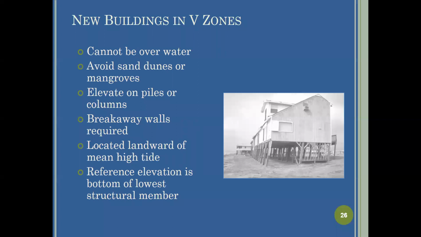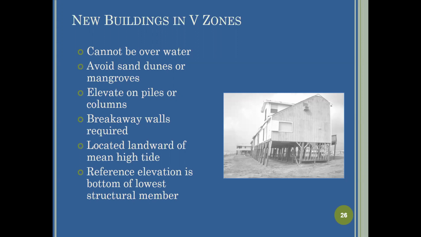So you can't be over the water. You need to have your structure back on what's normally dry land. Sand dunes and mangroves along the coastlines are viewed as mitigating flood damage, so you can't be going in and cutting through a mangrove area.